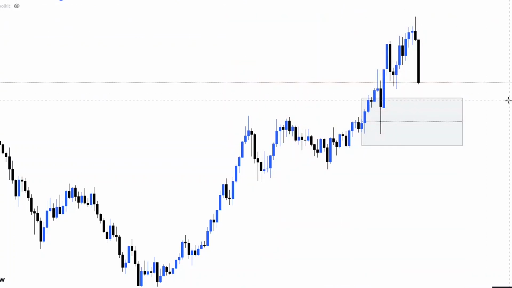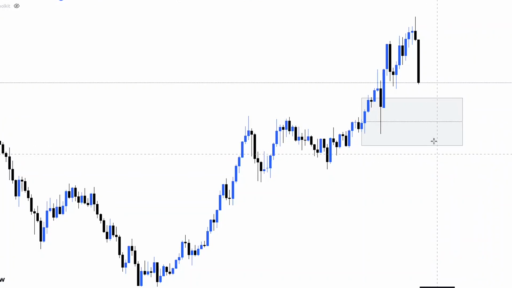Why do I normally use the 79% level? Normally, when I see a fair value gap within this range of 50% to 79% level, if price fails to hold that area and breaks down the 79% level, I'll definitely have to wait to see if the opposite fair value gap that was created here is respected or disrespected before I take any position.